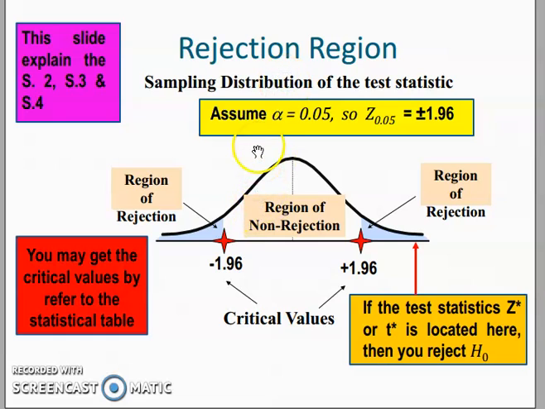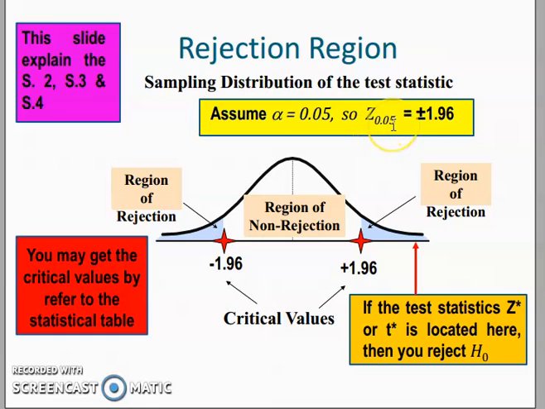Rejection region. So assume we are using alpha equals 0.05 and we want to understand a two-tailed test. So Z of 0.05 divided by 2. There's a typo here, it should be divided by 2, or Z of 0.025.